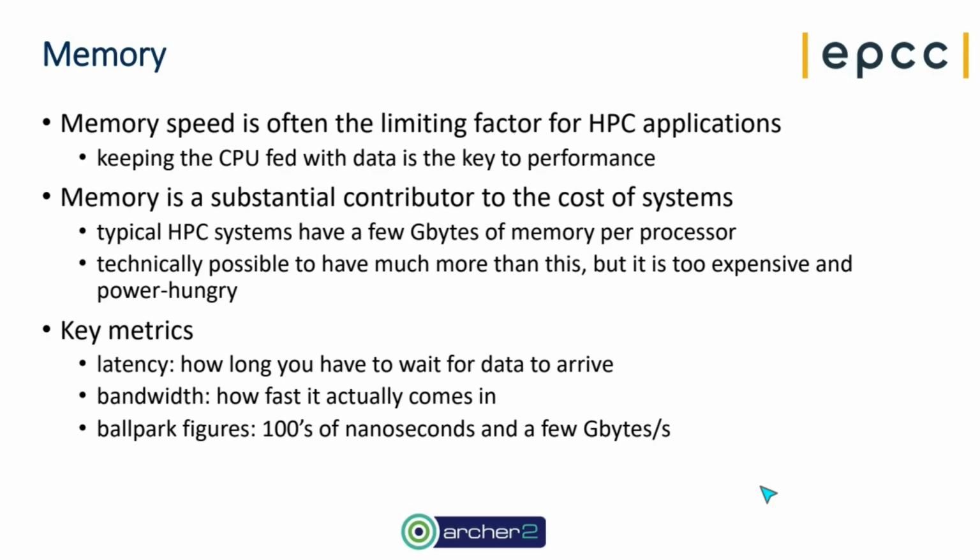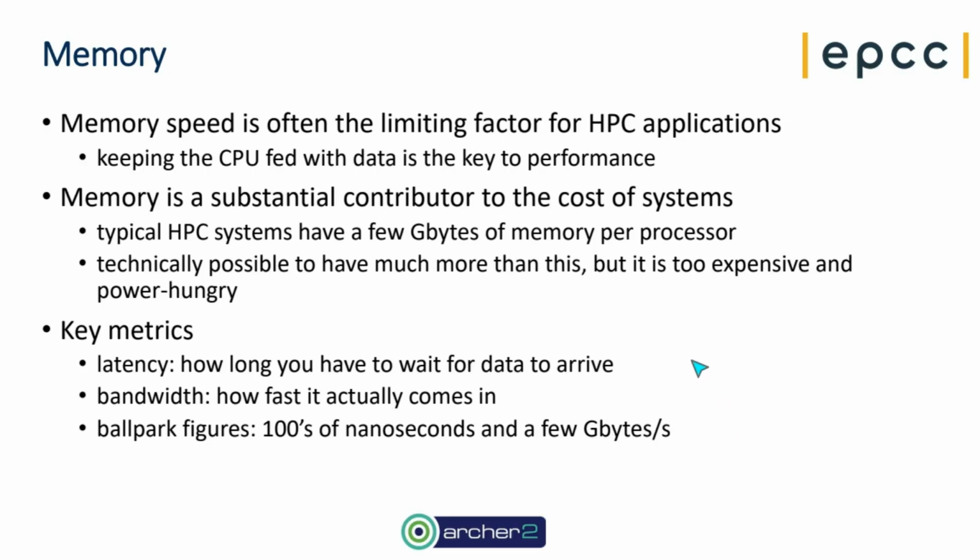It's technically possible to have a lot more than that. You can easily put multiple terabytes of memory in a node, but it's very expensive and consumes a lot of power. So the choice of the amount of memory is a trade-off between what applications need and what's affordable.